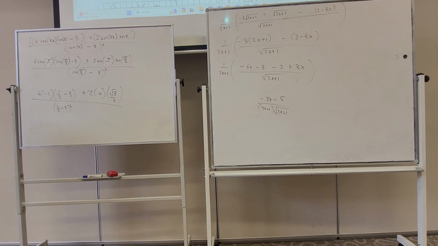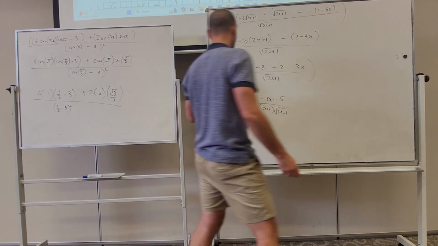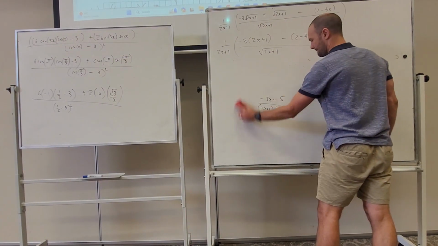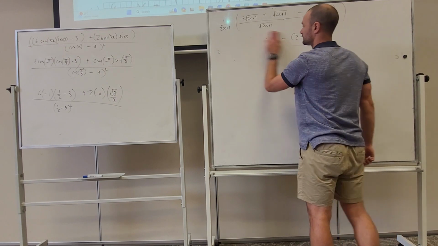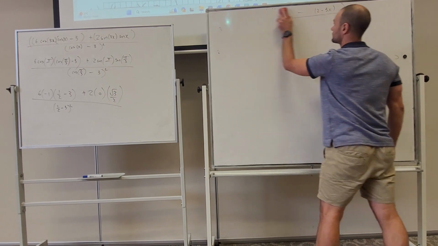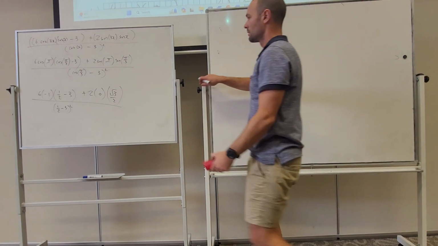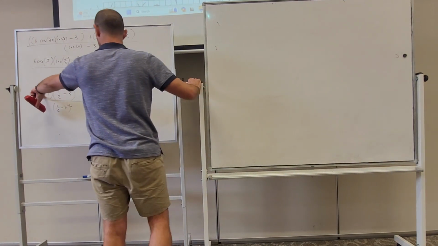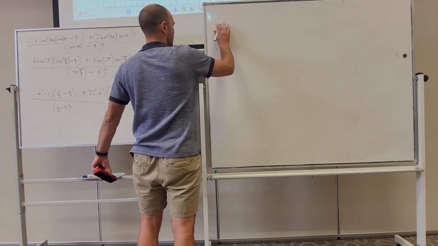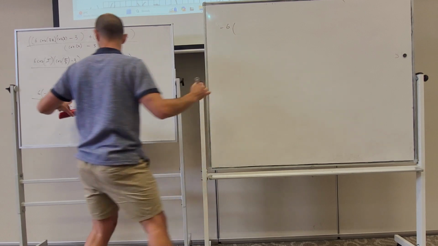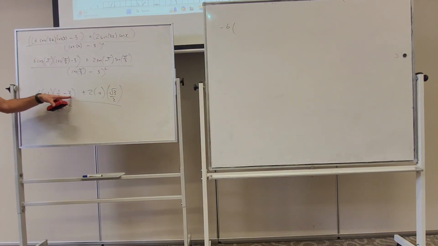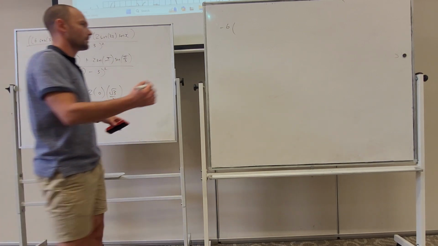Okay, so what I'm going to do next is just state what we've got left once we apply that. So we'll have minus 6 times, and at the top, half take away 3, that's minus 2.5, or minus 5 on 2.